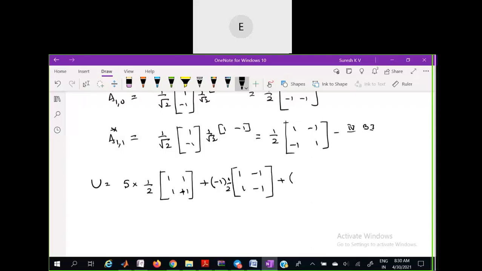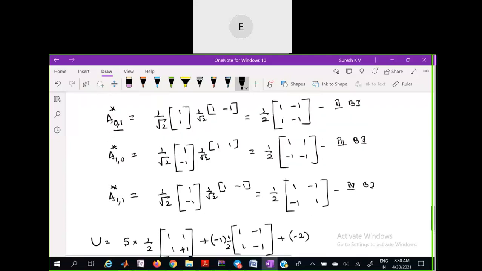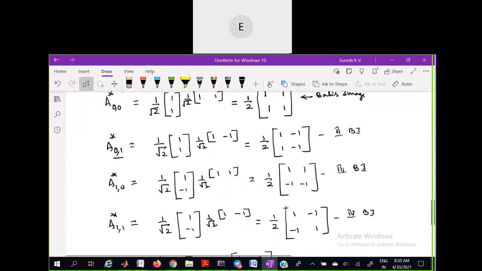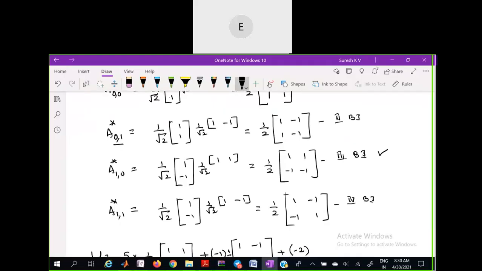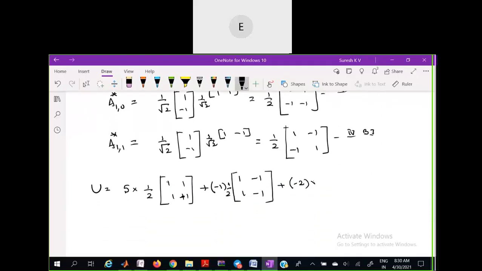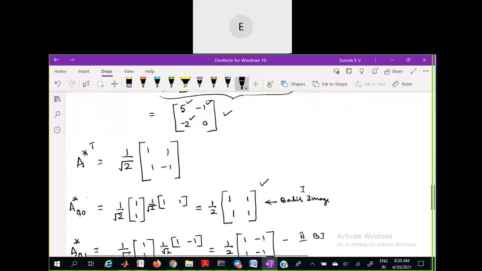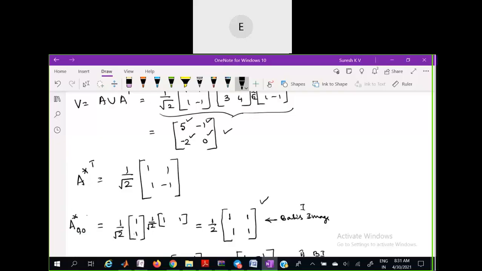Plus the third coefficient, which is minus 2, as you can observe here, into the corresponding third basis image, which is half into 1, 1, minus 1, minus 1. Plus the last coefficient, if you carefully observe, is actually 0.